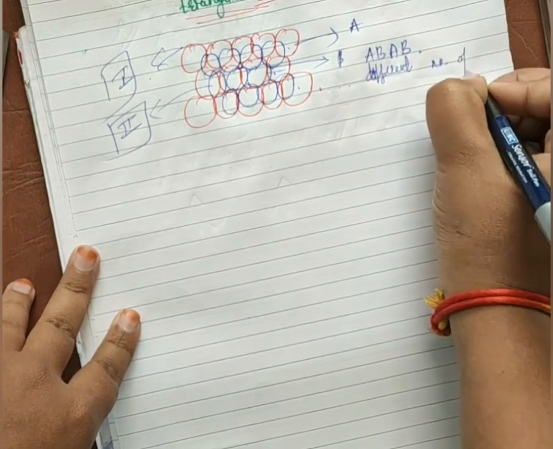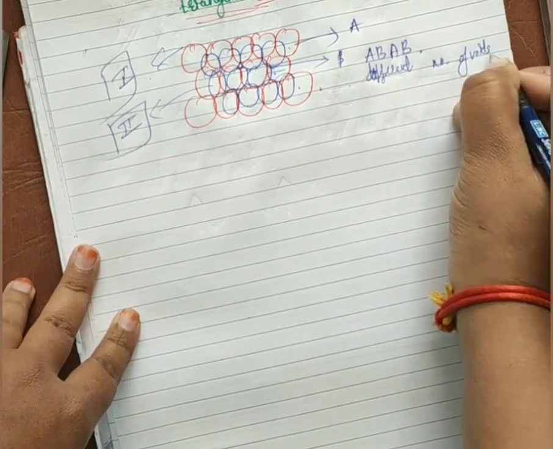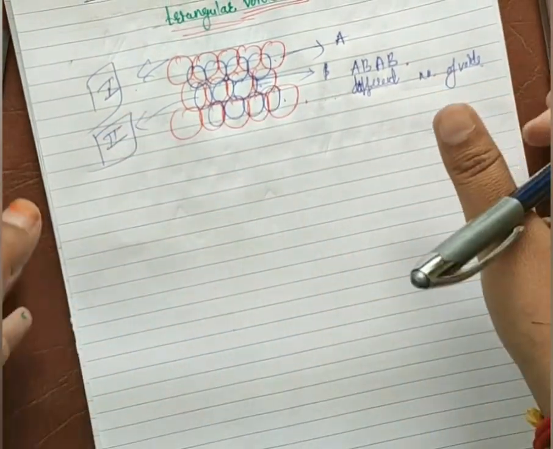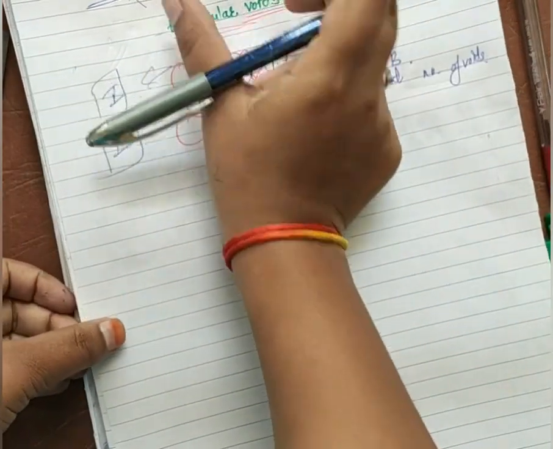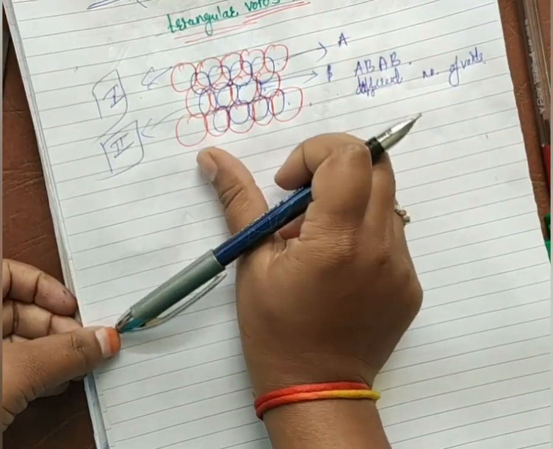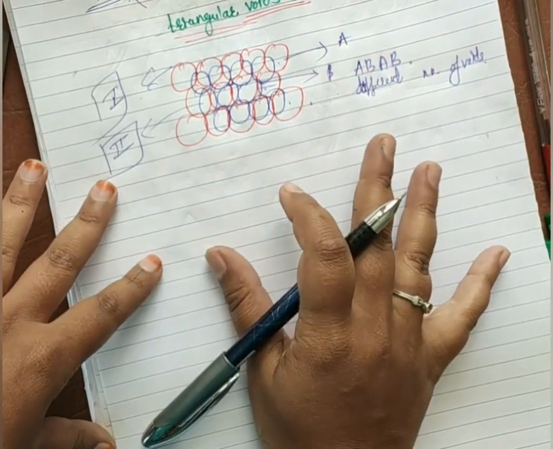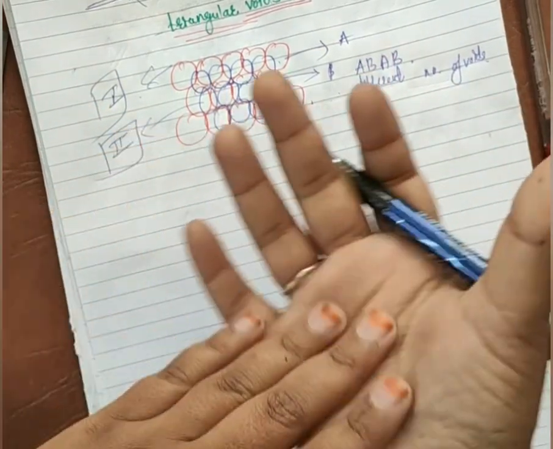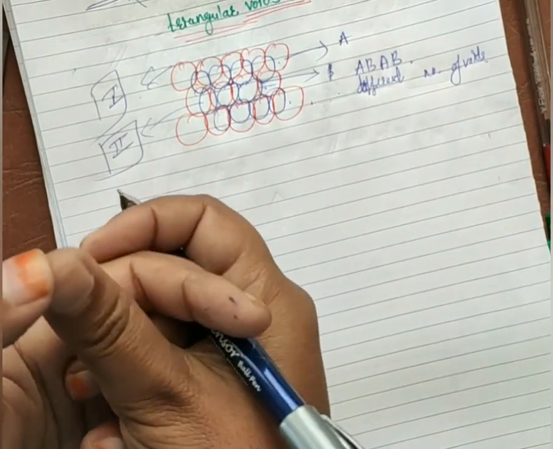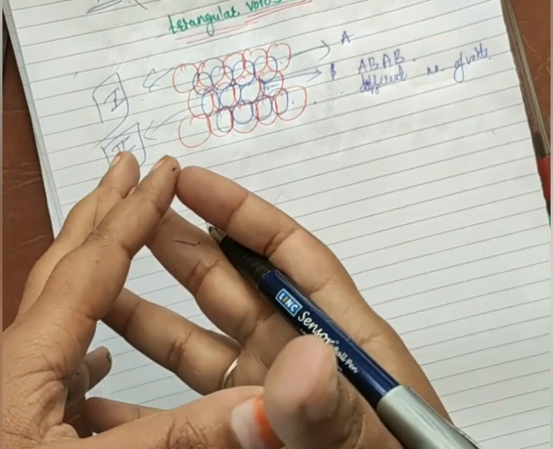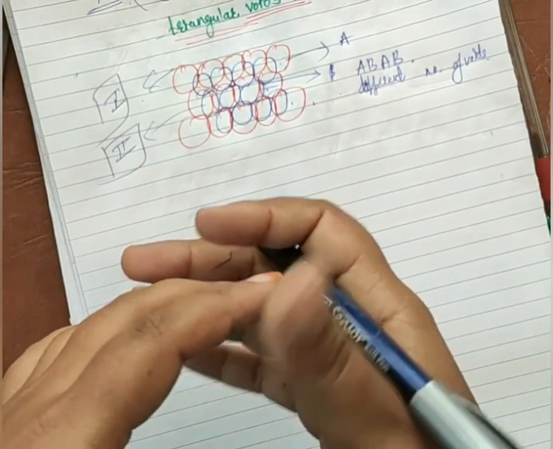You should remember the voids are nothing but the empty spaces present in between the spherical atoms. Now we'll see how these atoms will be arranged in the case of three dimensions.